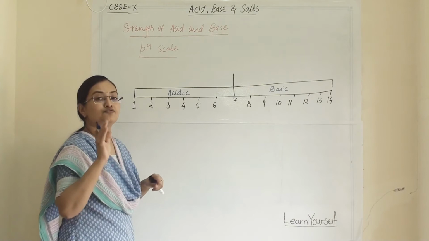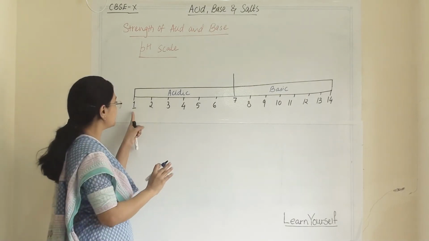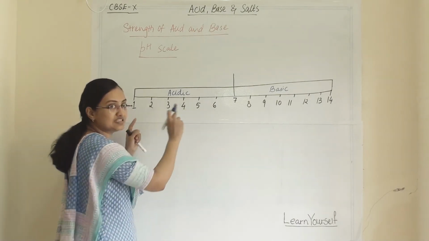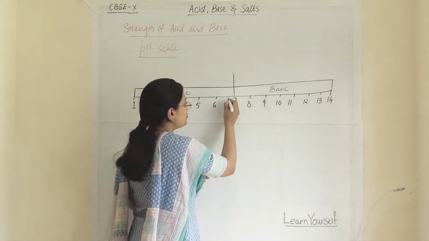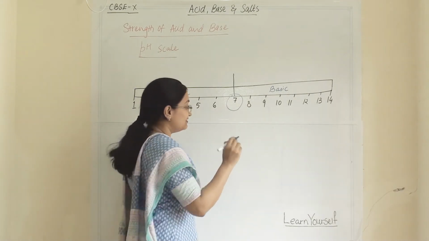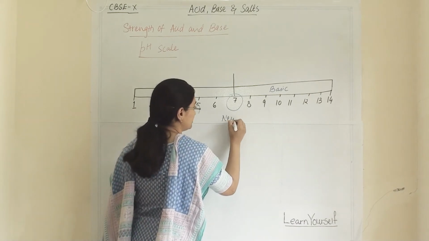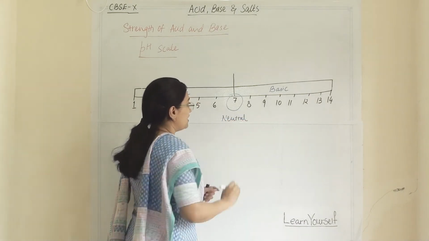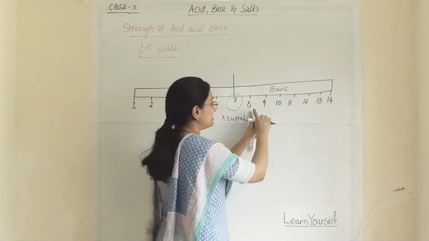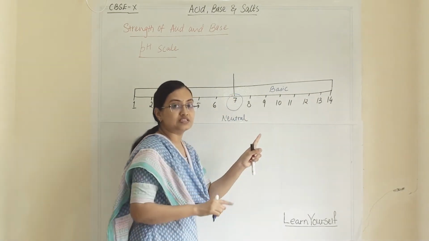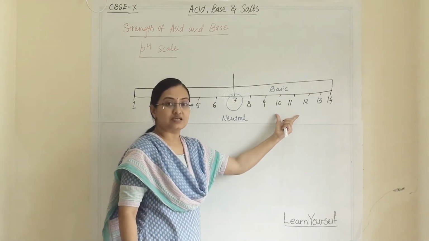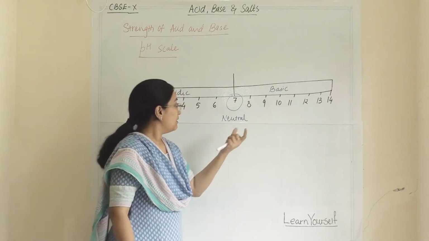That means if your solution's pH is between 1 and 6, it is an acidic solution. When it shows 7, then it is neutral. When its pH is between 8 and 14, that solution is basic in nature.